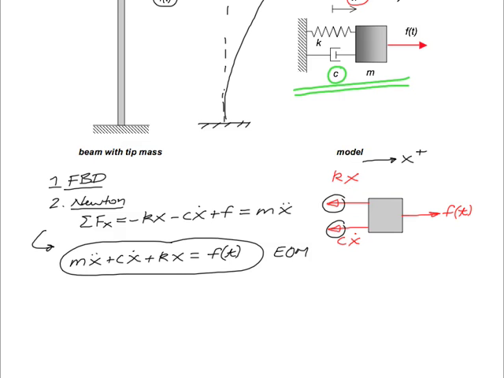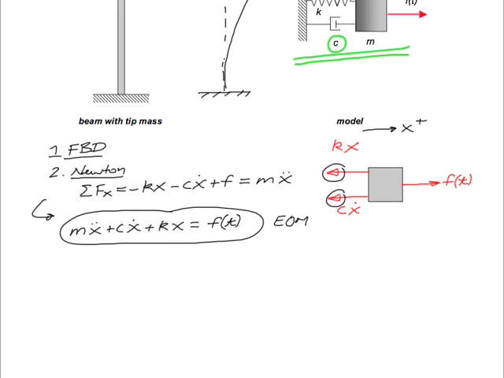I guess in an alternative way, if the problem had been done this way, we could have said that x was positive to the left.